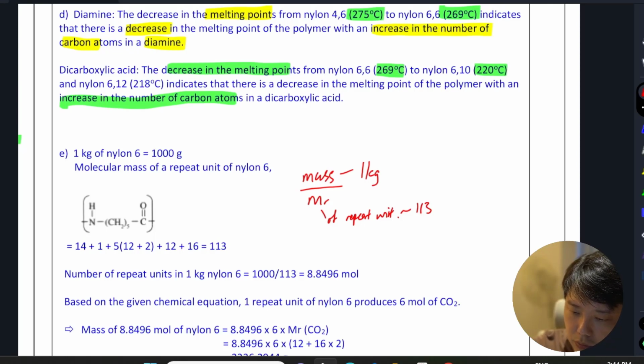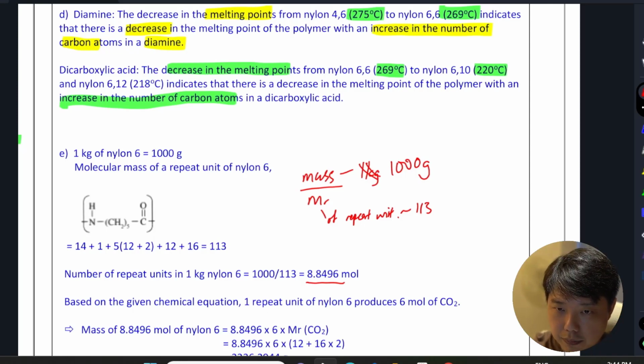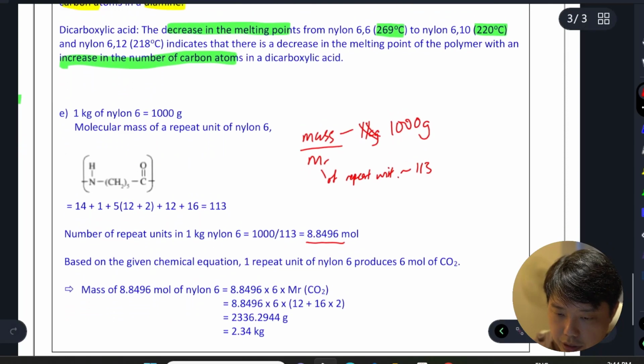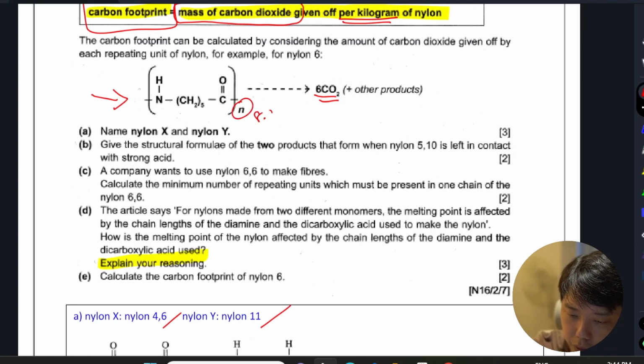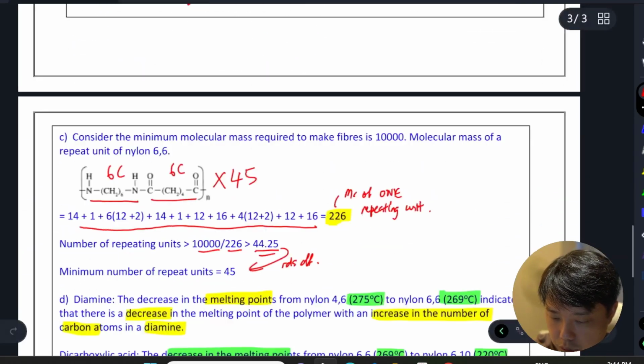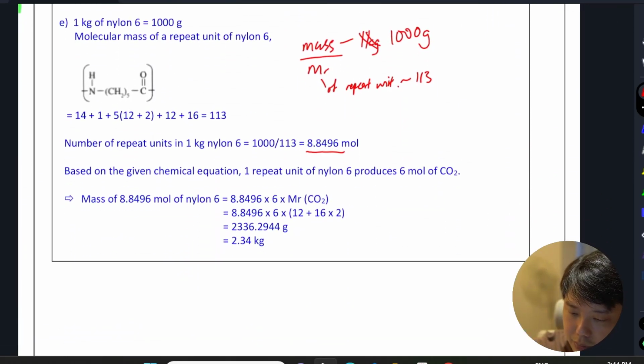All right, so sorry, you shouldn't use 1 kg, you should use 1000 gram. Okay, so 1000 divided by 113, you're going to get about 8.8496 moles. Okay, so that's the number of repeat units. So based on the chemical equation given, right, from the question, if let's say here n equals 8.8 something, so how many moles of carbon dioxide do you have? Okay, so 8.8 something times 6, because the mole ratio is 1:6, right?